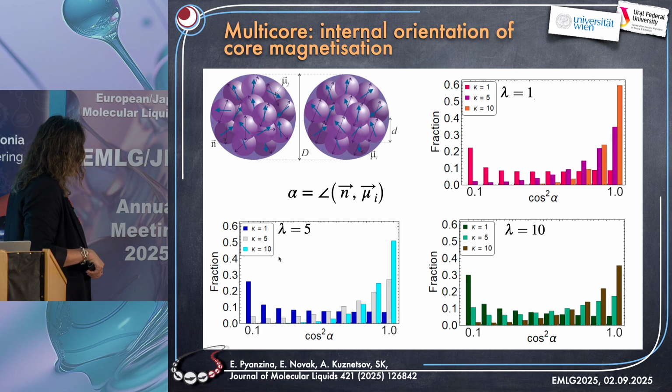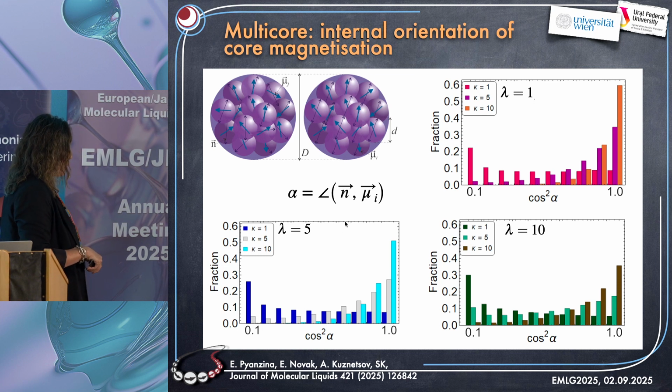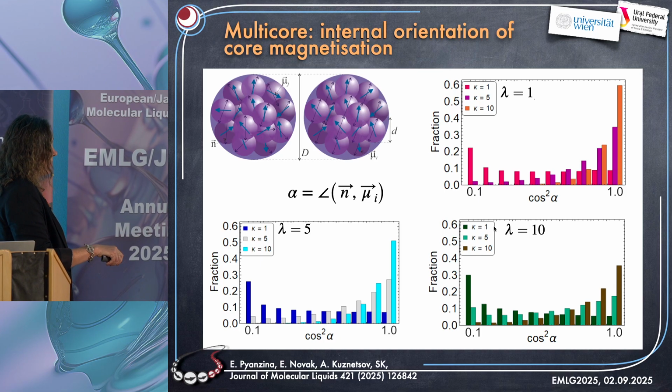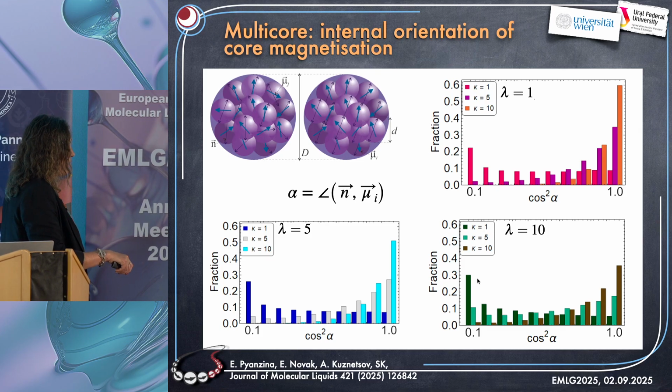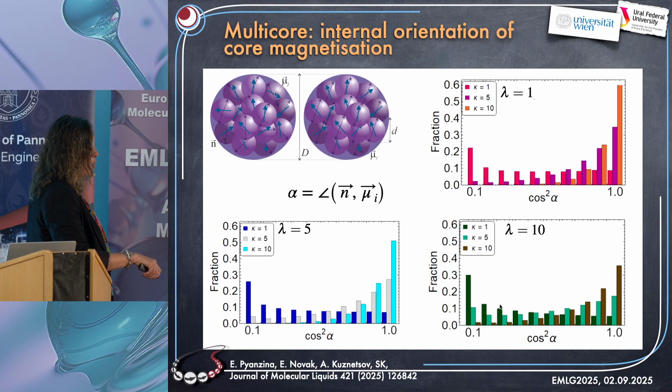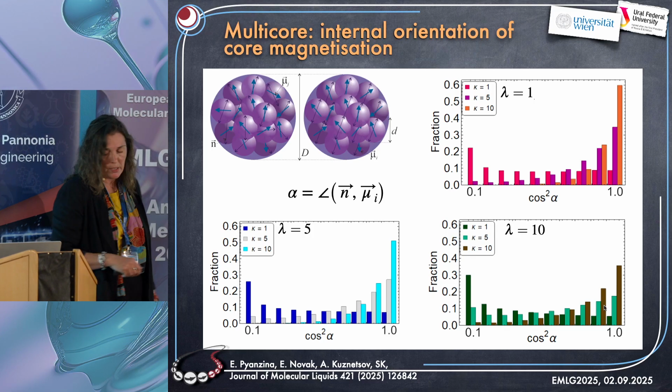There is a very interesting intermediate state when the interaction is strong and the anisotropy is strong, and then you start seeing the competition. If instead the interaction is very strong, no matter how strong the anisotropy is, the anisotropy cannot anymore hold any ordering of the dipole moments.